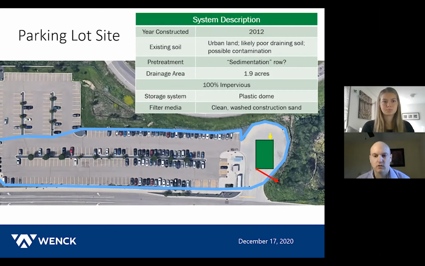However, there was not specific documentation to say that that was present on this site, but it's likely that it is there. And then I think the last thing I'll point out is just that filtration media is clean washed construction sand, and that corresponds to what is recommended in the Minnesota Stormwater Manual.